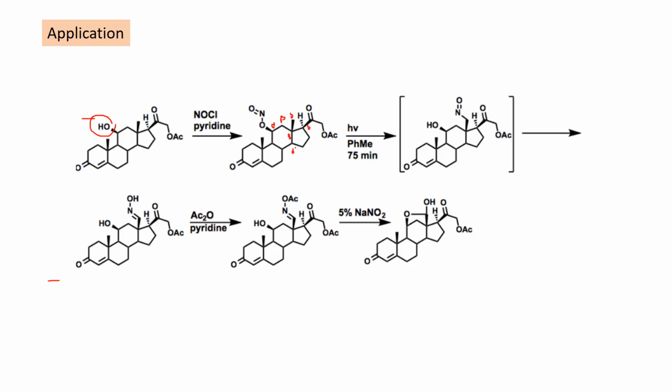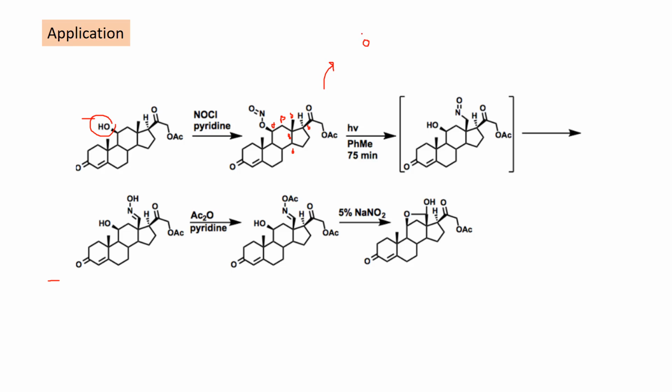But now you can see this delta hydrogen is more available to abstract, because these other two are involved in the ring, so there can be strain because of that.